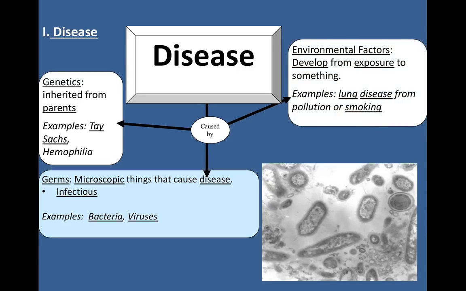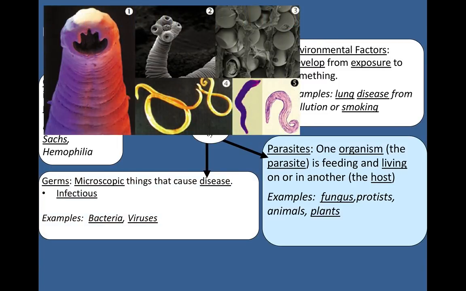A third category is when we get diseases from germs, and these are definitely infectious. Germs are microscopic things that cause disease, and specifically we're looking at bacteria and viruses. That's going to be the main focus of the unit. And then the last category would also be considered infectious, and that's disease from parasites.